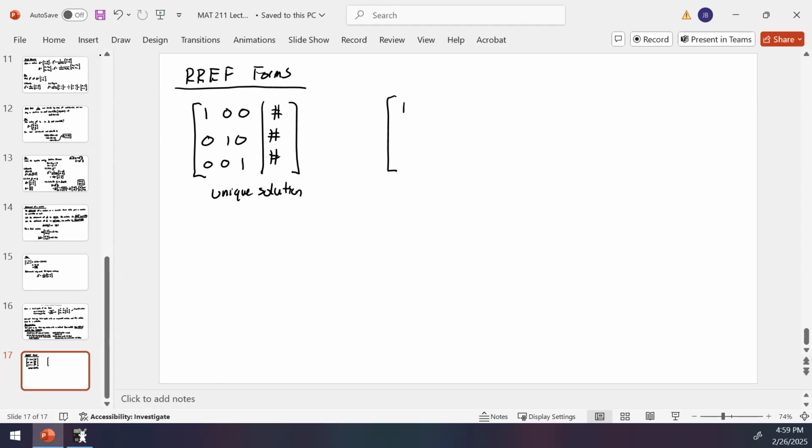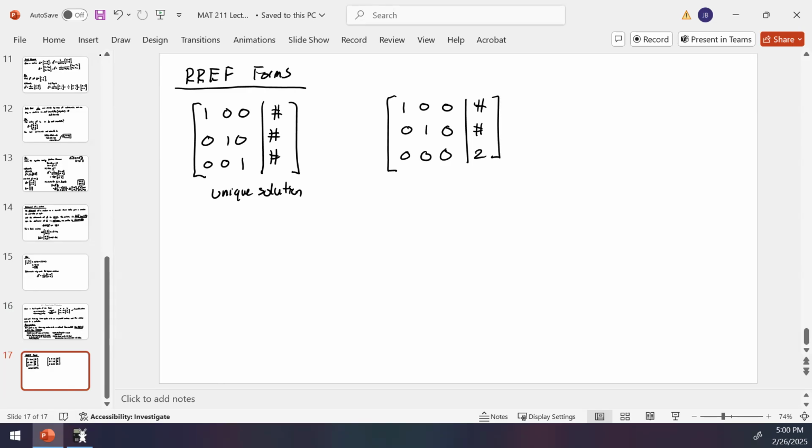Or you'll get something like this, 1, 0, 0, 0, 1, 0, and then maybe you get something like this, right? And then you get a number right here. Now, this could be any number, but I'll just put the number 2.